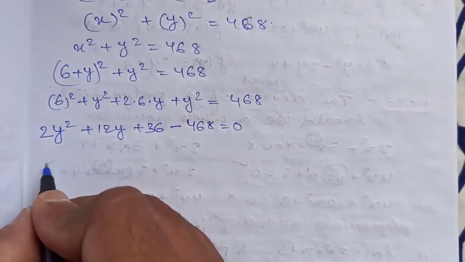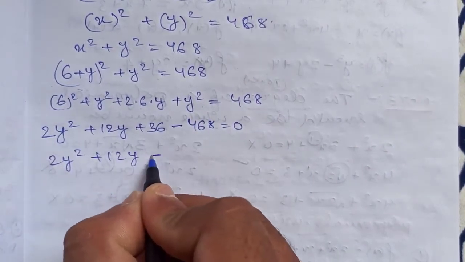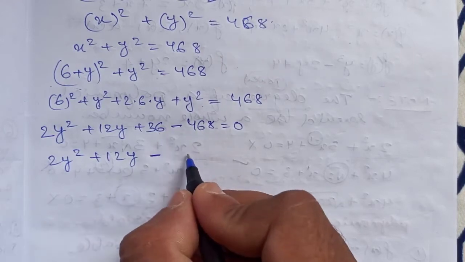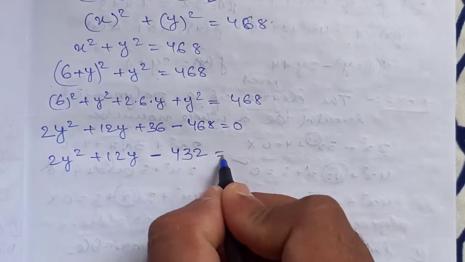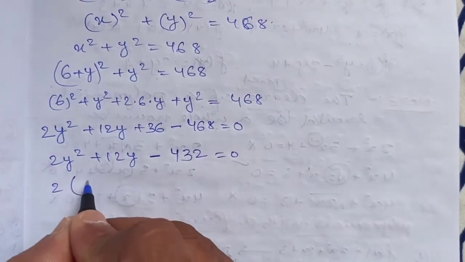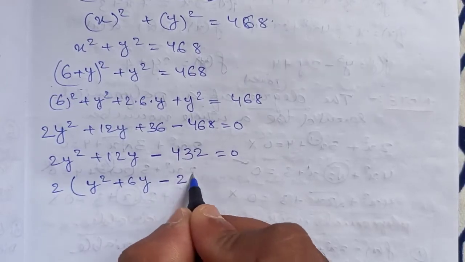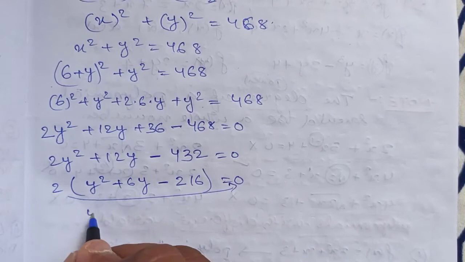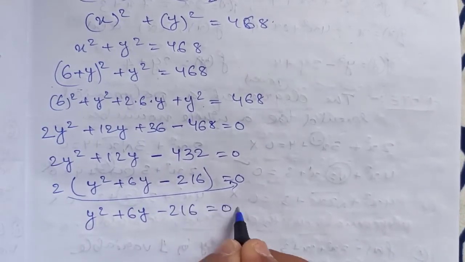Bring this term to this side: 2y square plus 12y minus, subtract 468 minus 36, it will be 432, equals 0. Take out 2 common, divide by 2. So your quadratic equation will be y square plus 6y minus 216 equals 0.